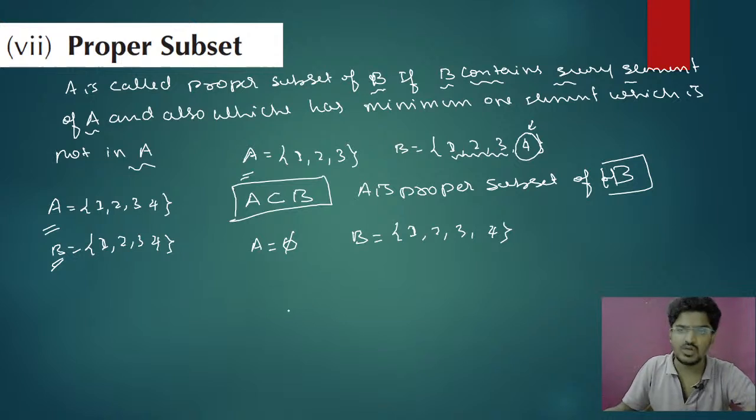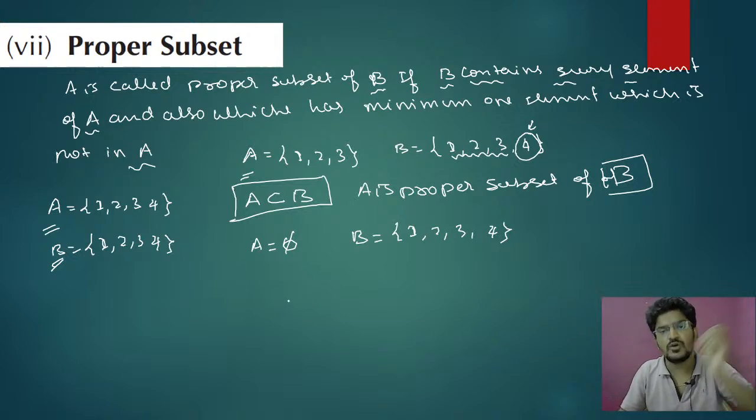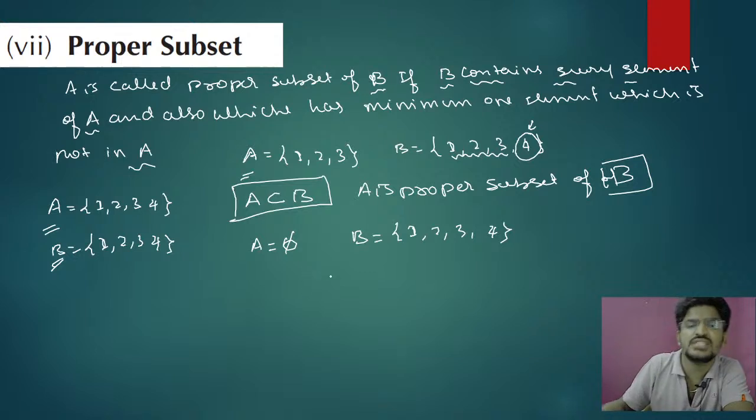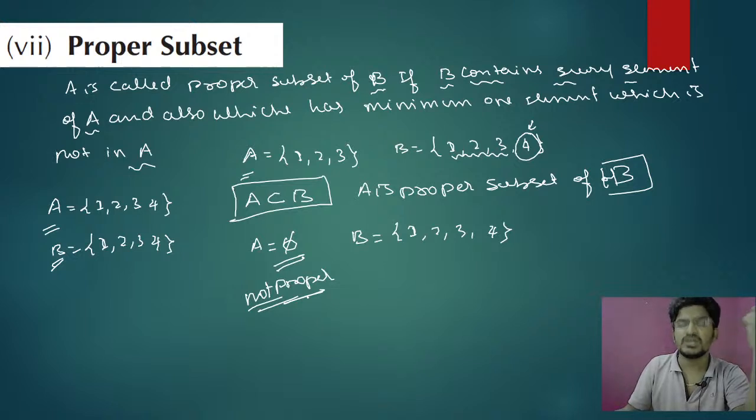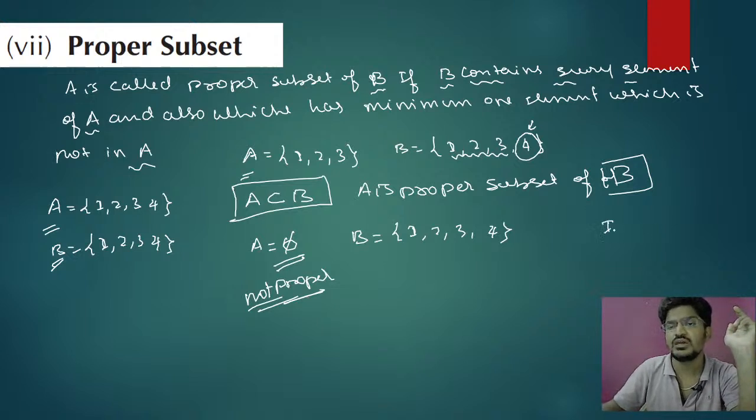Please remember one note: the empty set is a subset of all sets, but this is also not proper. So there are two improper subsets: one is the empty set and another one is the set itself.